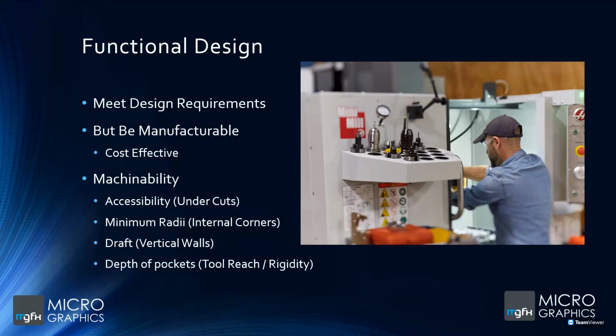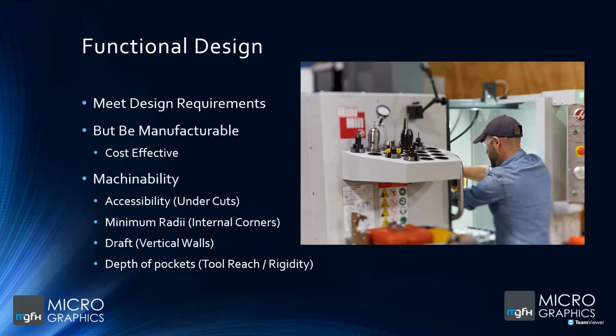Another inspection we'll look at very quickly is draft, just to be able to look at the components and see where there are vertical walls, where the draft angles are above and below certain values or between certain values.